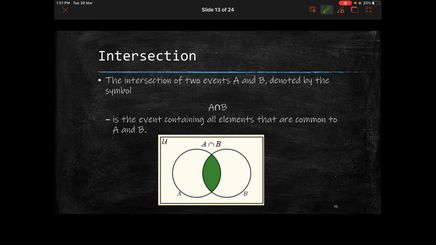So next we have intersection. The definition of intersection is only those elements that are common to both subsets. Suppose that we have subsets A and B in a sample space.